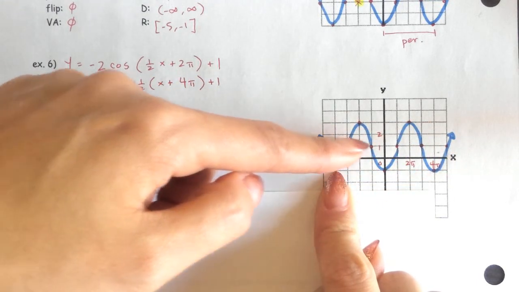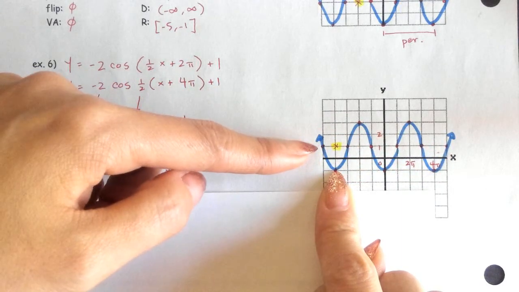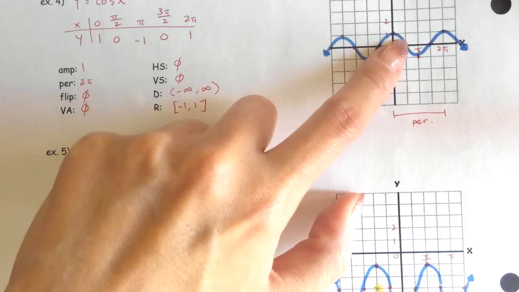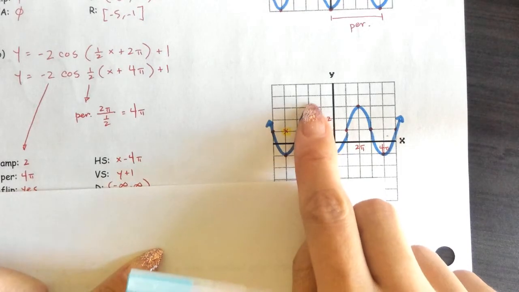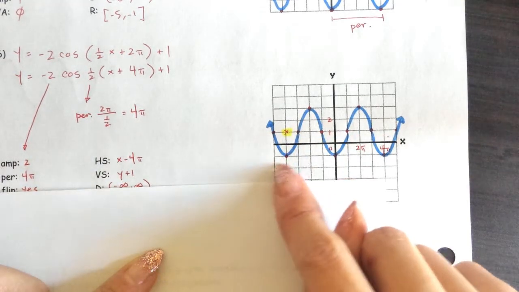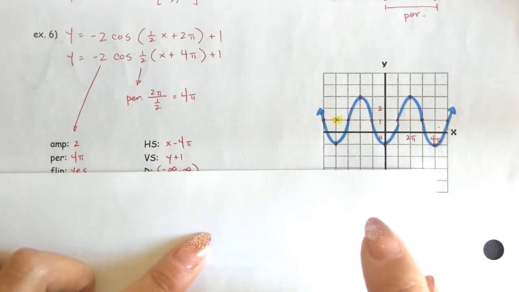This is actually the middle of my graph right here, where my fake origin is. At y equals 1 is my midline. And then instead of going down some more, and then back up, I'm going to go up some more, back down, back down. So remember, this is my midline. I have to go above it and below it. Okay? I follow it all the way.